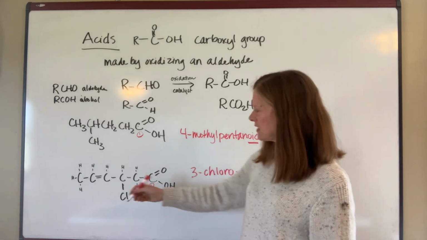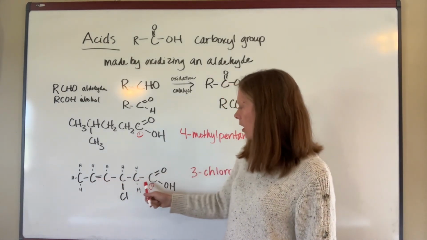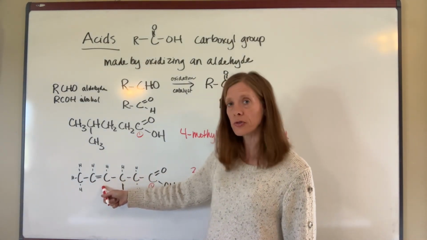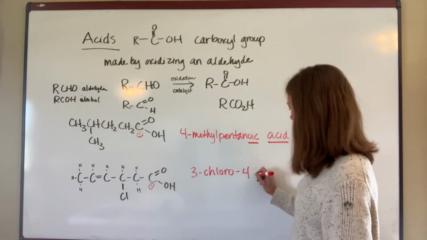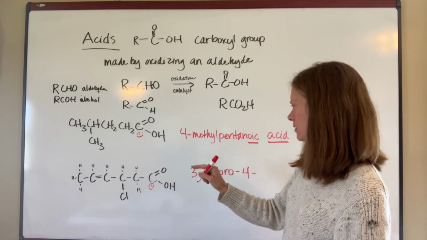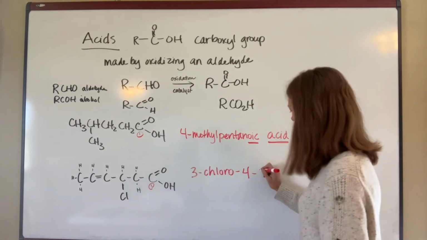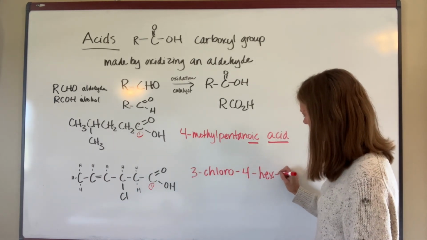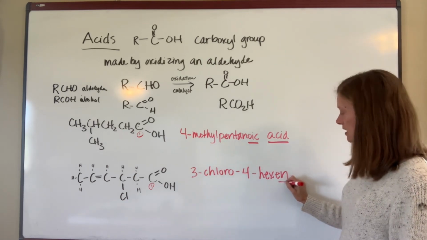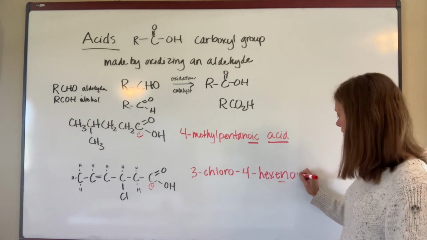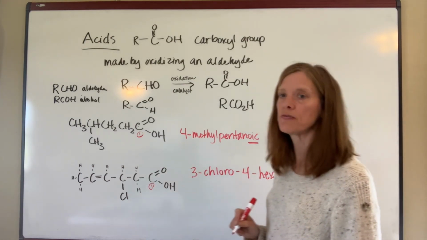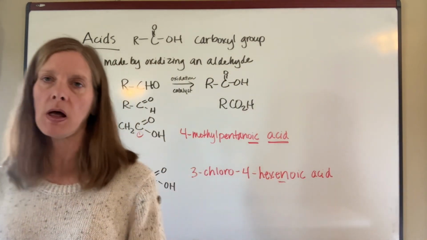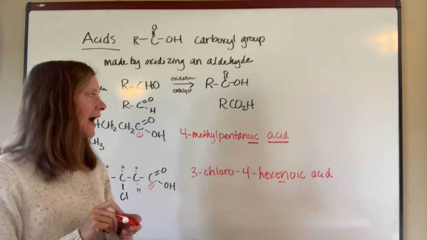And you can see that I have a double bond off the 4th carbon. And so I'm going to have 1, 2, 3, 4, 5, 6, 4-hexene. There's the en for the double bond, hexene, and then my oic acid. Okay, so that's what you're going to do if you have a double bond in the middle of a compound that is also an acid.